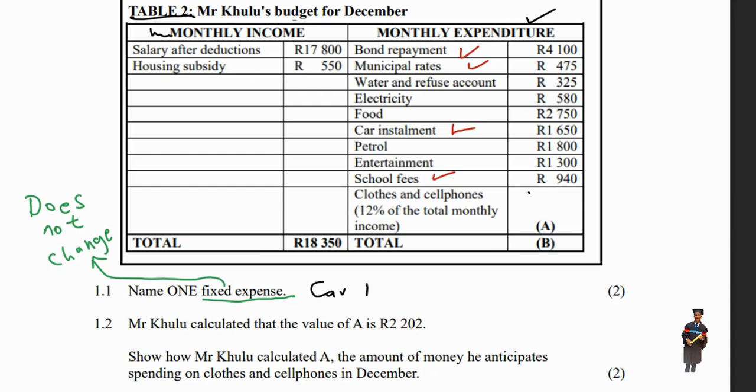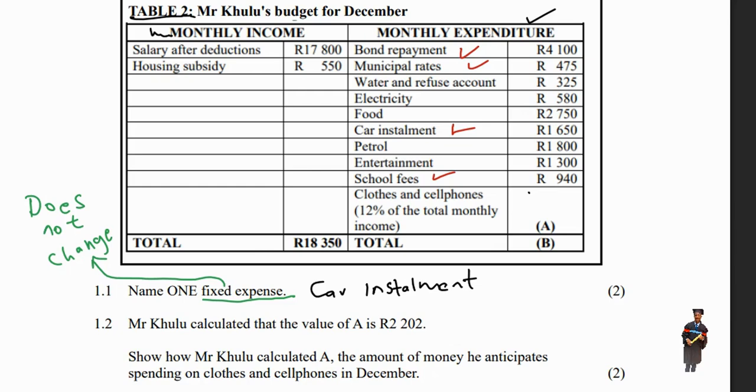So when they want you to write down one fixed expense, look for something that is an installment, or look for rent. Okay, rent and installment are your number one go-to. Then a car installment.